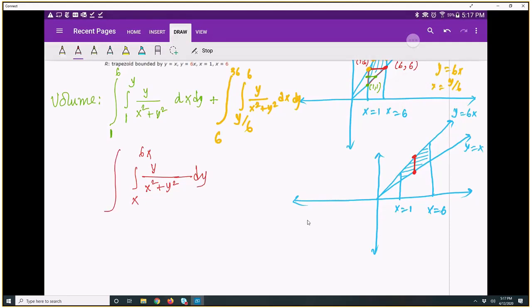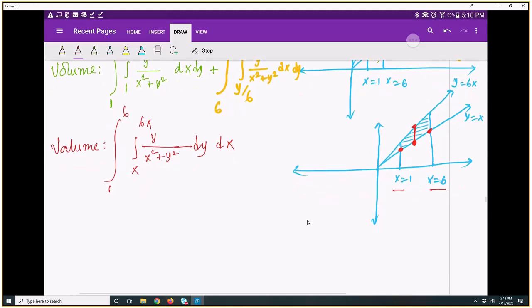Now I am interested in the limit of x. Since this point can vary from here to there, which have x values of 1 and 6, I will say the limits of x are 1 and 6, and then I integrate with respect to x, which gives me the exact same volume. But as I have shown, this second integration is much easier because I'm integrating less in this type of problem.